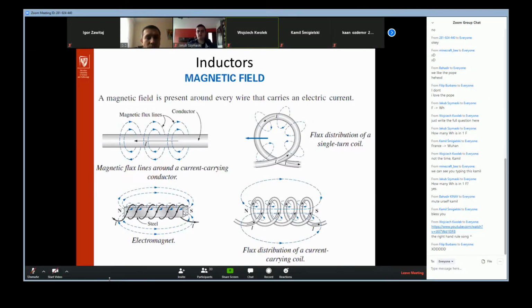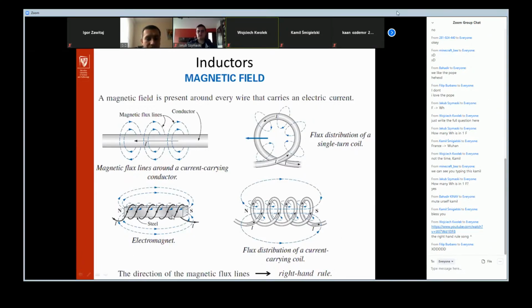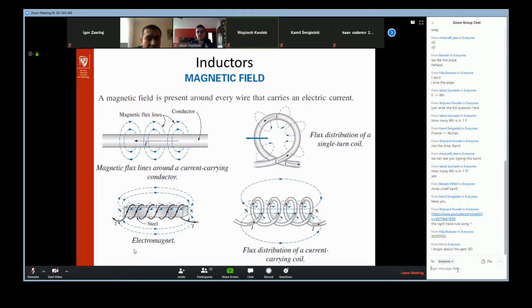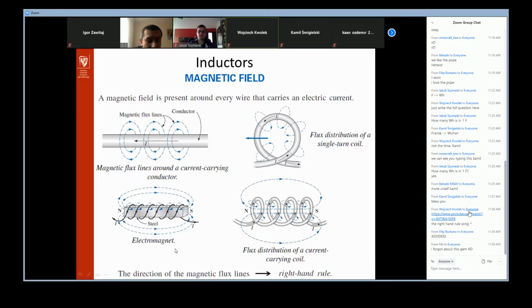So what we can do here, if we put steel, which is a ferromagnetic material, inside the coil, in this case more of the magnetic flux lines produced by the coil will pass through the steel core. So in fact we can build in that very simple way an electromagnet.